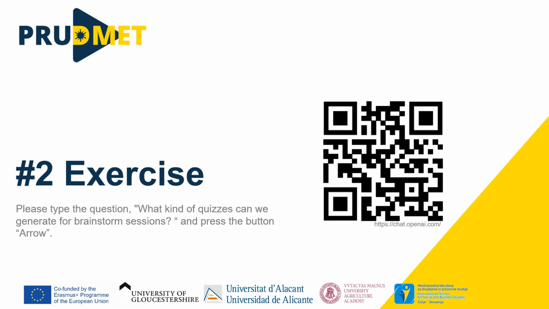Please scan a QR code on the right and open the generative AI platform. Please type the mentioned question: what kind of quizzes can we generate for brainstorm sessions? And press a button arrow and wait for the results.